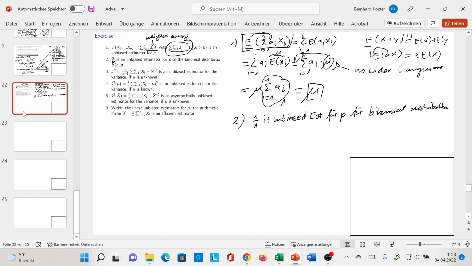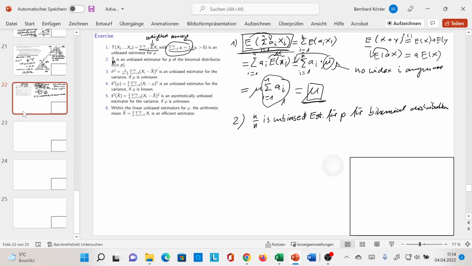So why is this? Of course, we could also now calculate this taking the binomial distribution, taking the expected value, but we already have calculated this property here.